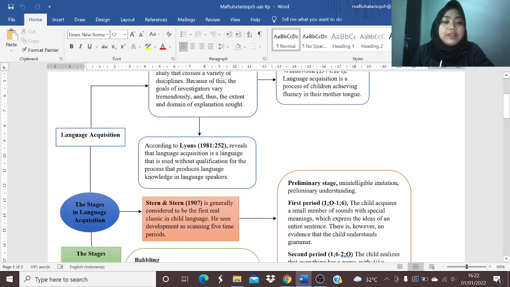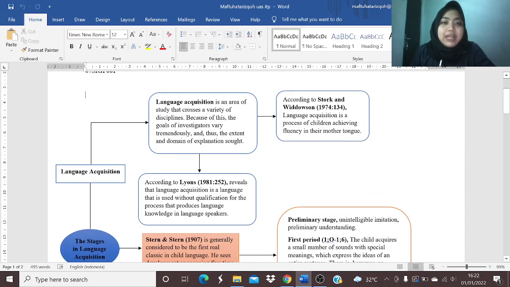Before we go to the stages, I want to explain what language acquisition is. Language acquisition is an area of study that crosses a variety of disciplines. Because of this, the goals of investigators vary tremendously, and thus the extent and domain of explanation sought.